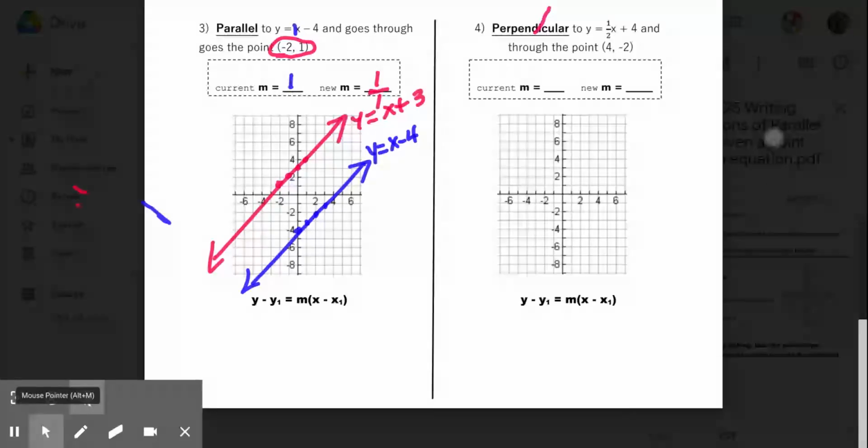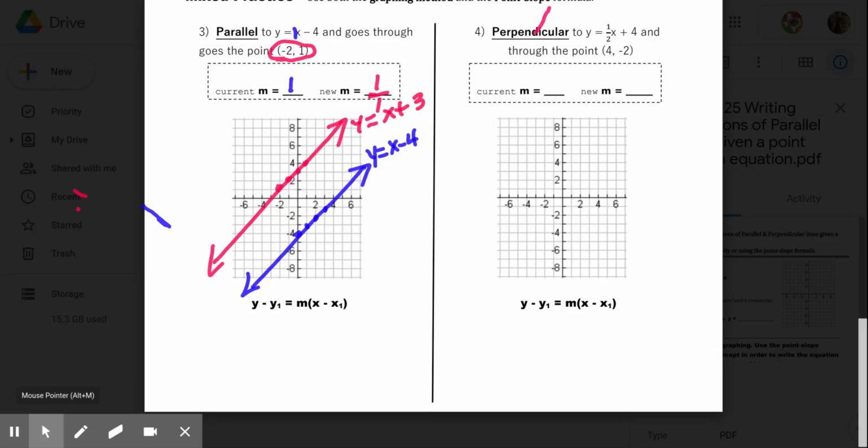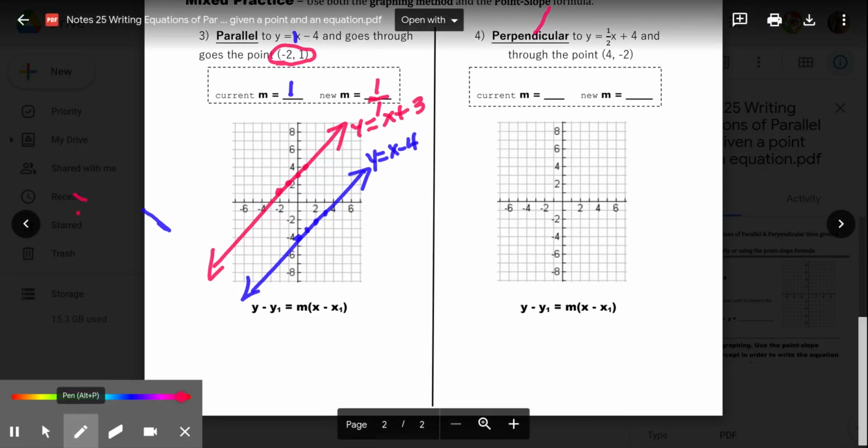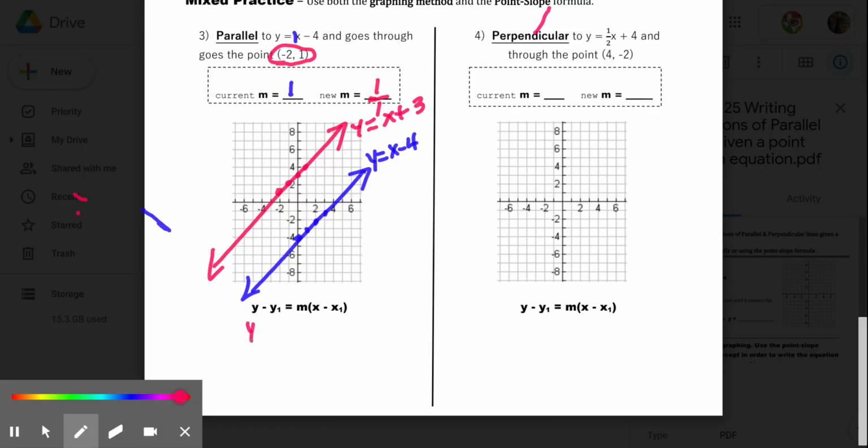All right, so now what we're going to do is use our point slope. So we're going to use y minus your y1 in the ordered pair is 1, equals the slope is 1, and then x minus your x1 is a -2, which will become a +2.